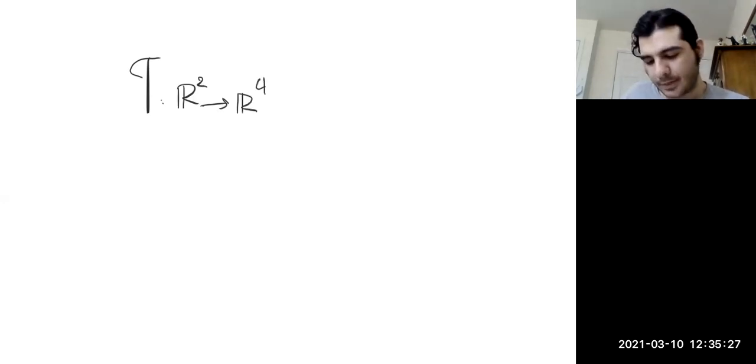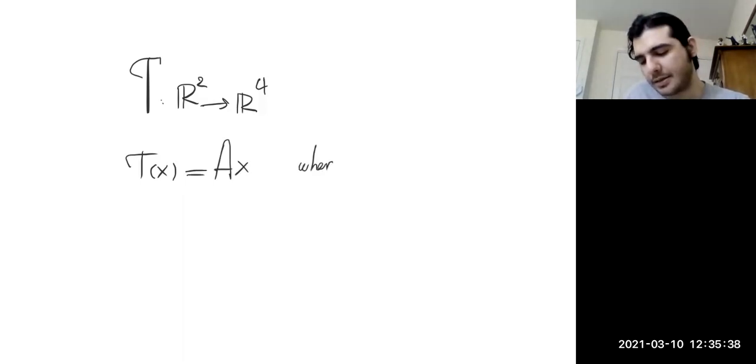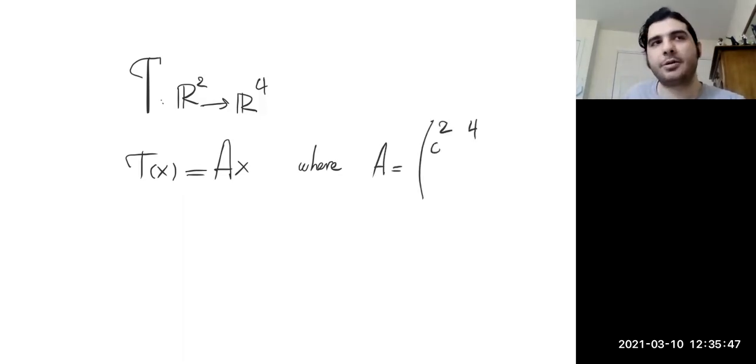So suppose I have a linear map T from R2 to, say, R4. And suppose this linear map is defined for any x by multiplication by a given matrix, where this matrix, in the standard basis of R2 and R4, is equal to 2, 4, 0, 2, 1, 0, 1, 2.